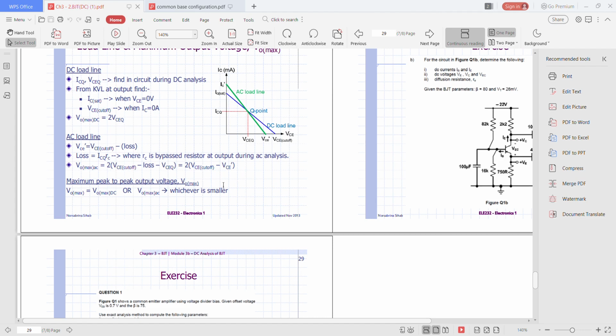The AC analysis, I will touch on these notes in the next lecture. Lastly, the maximum peak to peak output voltage, Vout max, equals Vout max DC or Vout max AC, whichever is smaller.